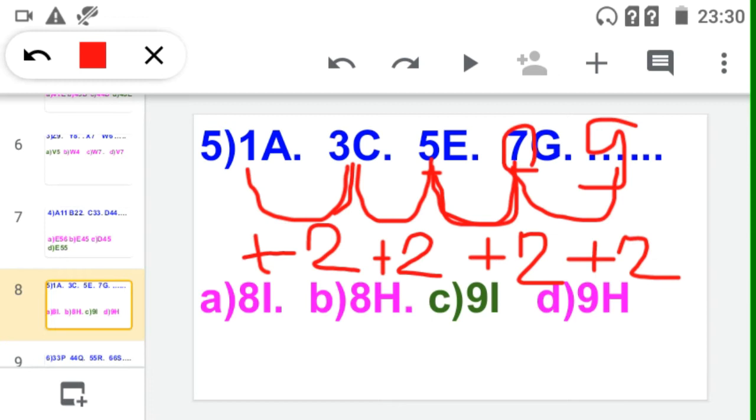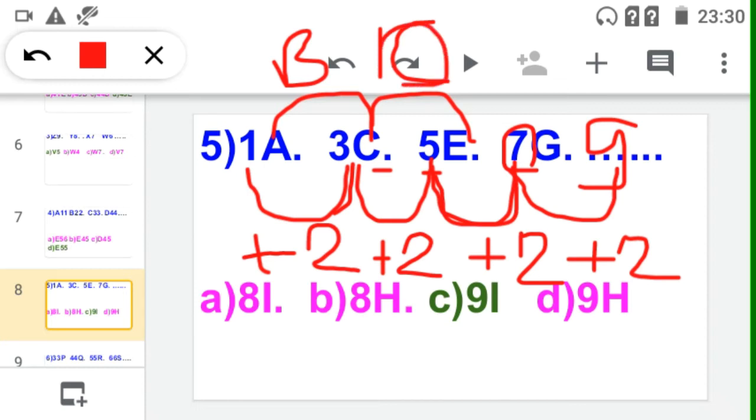So now you tell me, student, will A be followed by C? No, because after A, B should be there, but here in the second term they have given C. So that means one alphabet is dropped between A and C. Correct, like that only, one alphabet is dropped between C and E. So that is D. Here B is dropped and here D is dropped. Between A and C, B is dropped, then between C and E, D is dropped.